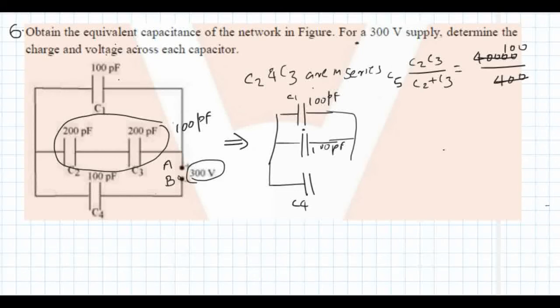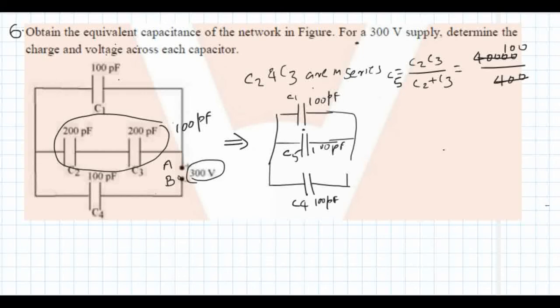Okay, C5 is this new capacitance, right? So C2 and C3 will be reduced to C5, right? So C2 in series with the C3 will give an effective capacitance of C5 is equal to 100 picofarad. This is the calculation, and C4 is already given. And what is the value of C4? C4 is equal to again 100, so it is 100 picofarad.